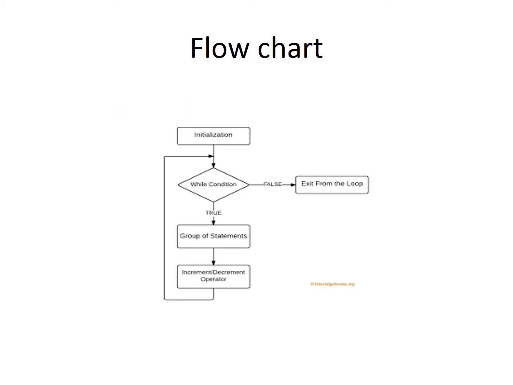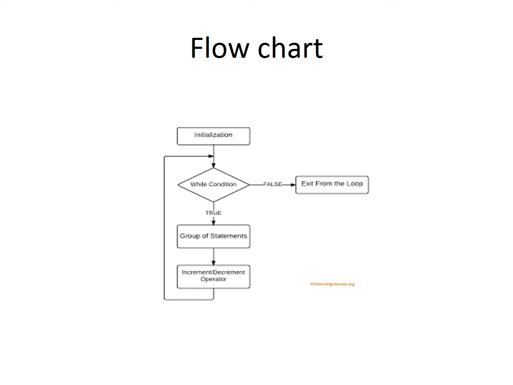I am trying to explain the same with the help of a flowchart. In this flowchart, first of all, the initialization is carried out. Then we put some kind of condition. If the condition is true, then the group of statements or the loop body is executed. As we are checking the condition, there should be some kind of incrementing or decrementing, which is carried out according to the need of the situation.